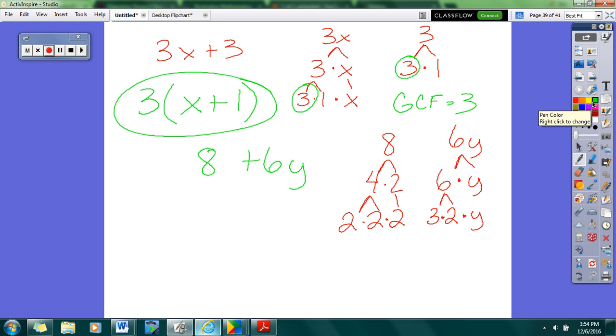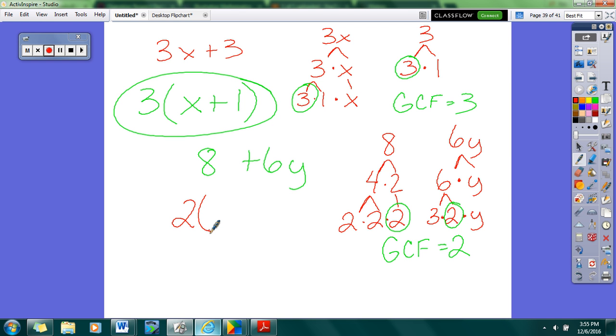So now I'm going to circle the partners. I see that they have a 2 in common. Therefore, my GCF of 8 and 6y is going to be 2. That is going to be the number that I am going to bring to the outside of my parentheses.